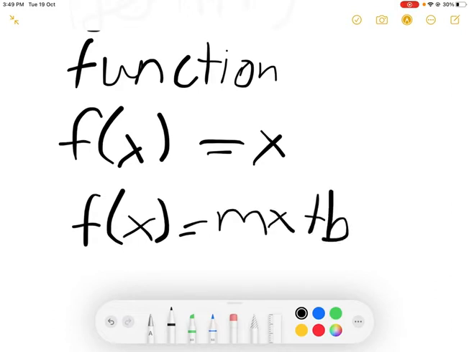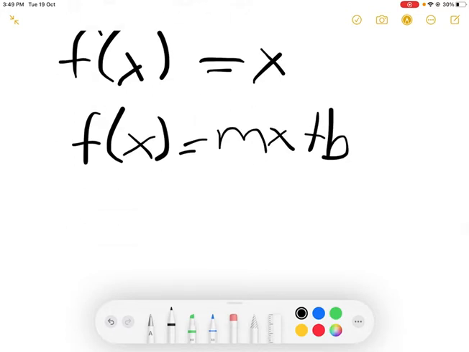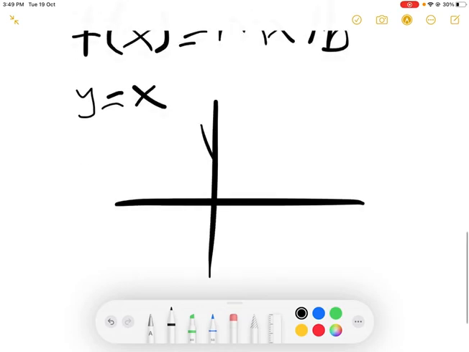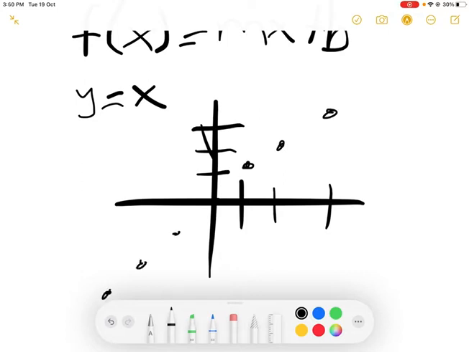So you graph it in the following way. Let's say that y is equal to x, so if x is equal to 1, then y is equal to 1. Let's make a graph. 1, 1, 2, 2, 3, 3, and then you go down, the same way.